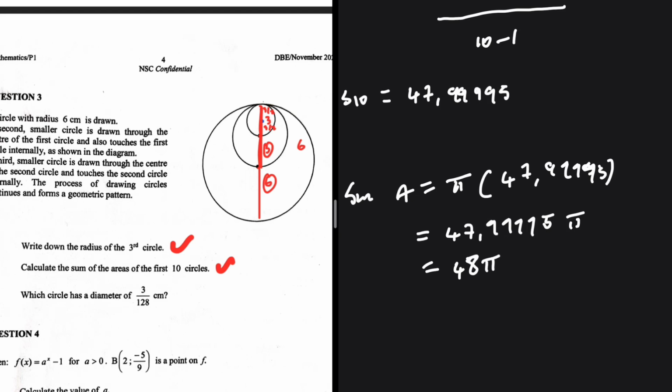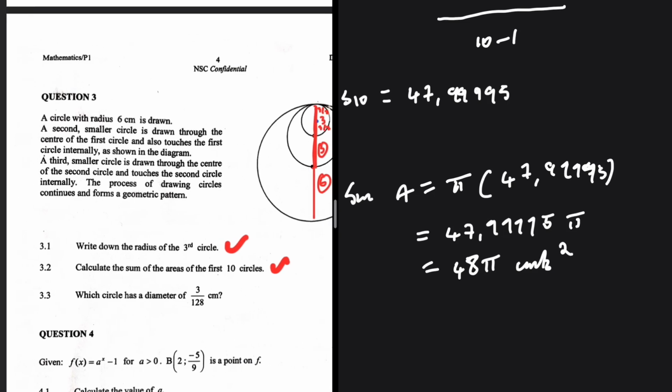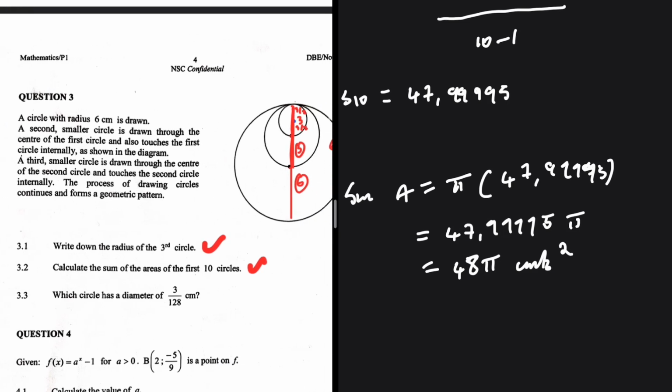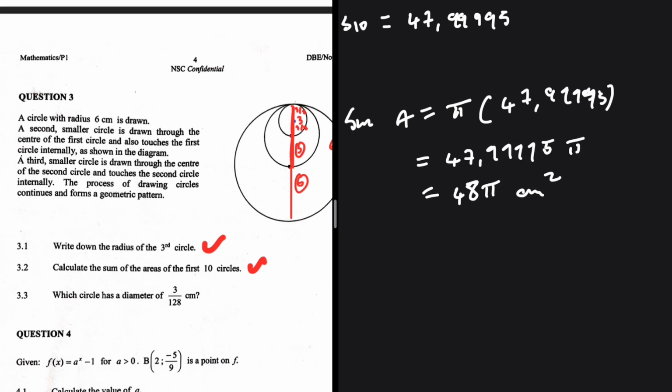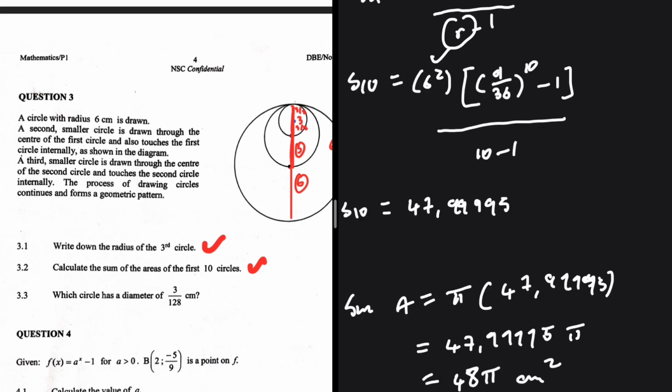So the sum of the areas is 48 pi units squared. Are we given the units? No. Oh yes, we're given centimeters actually. So centimeter squared. So there we go, that is the sum of the areas. I know there's somebody who got 48 but forgot to include centimeter squared. There has to be somebody who made that mistake. But anyway, that is 3.2.